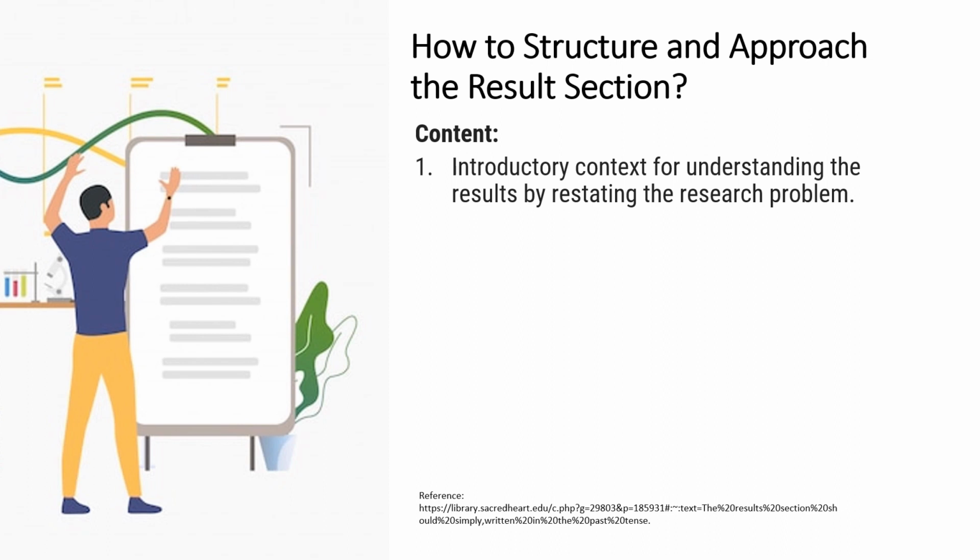Do not copy paste the problem statement in your chapter 1, but you can simply paraphrase it, make a short version of that problem statement and put it as the introduction so that those who will read your results will have a context about what you are studying. So in the first paragraph, you restate the research problem.